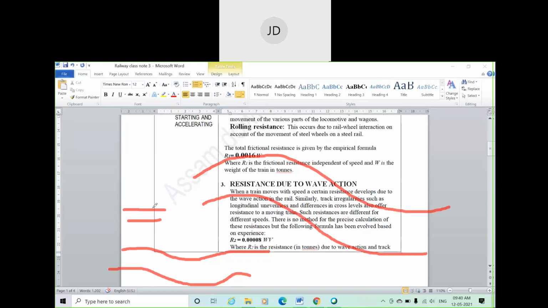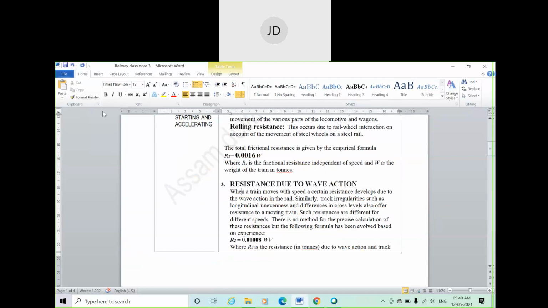And because of this track profile, the wave action of the train is generated. It is not moving in a straight line, especially in hilly, uneven or undulated areas, where the wave action comes into play.